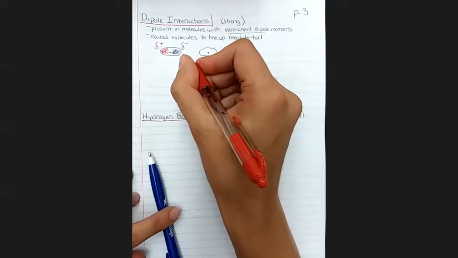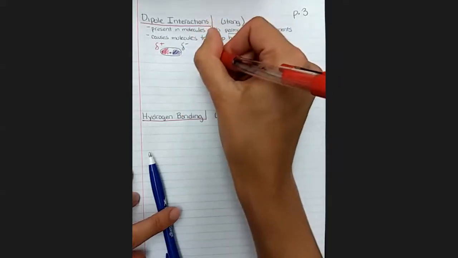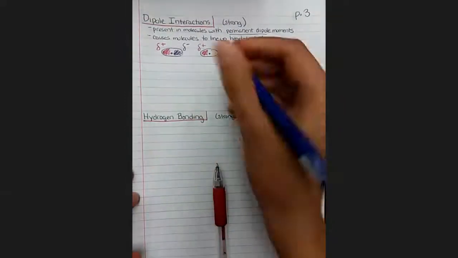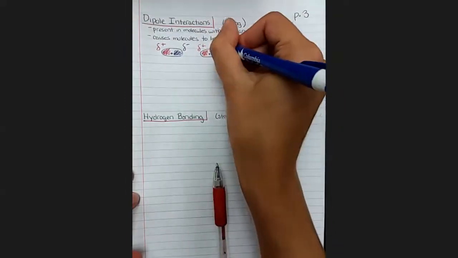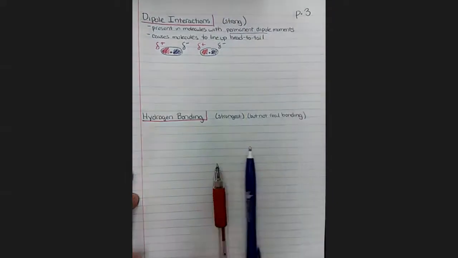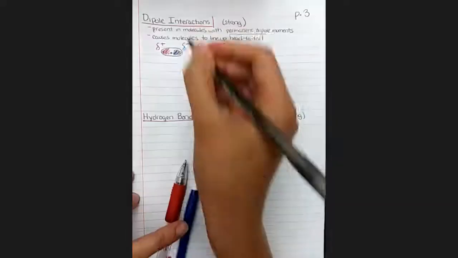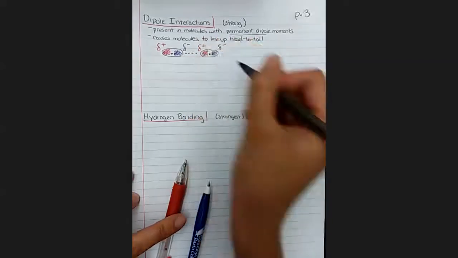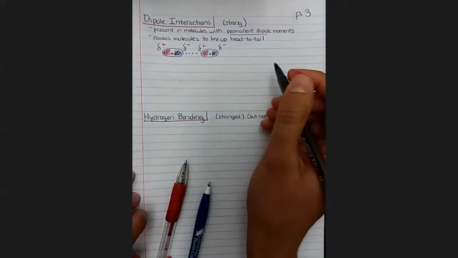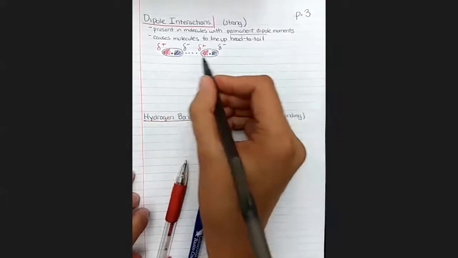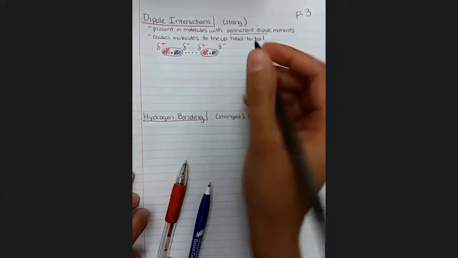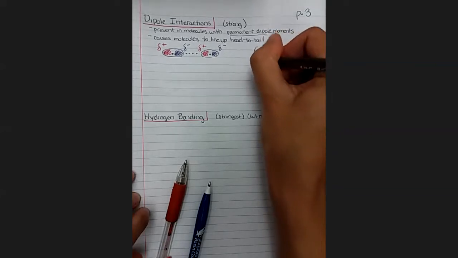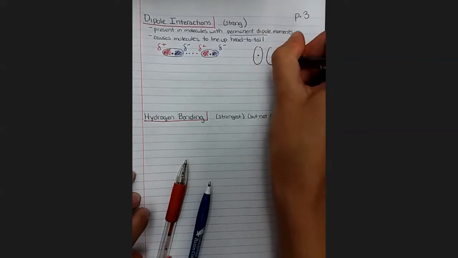So next to the negative side of one molecule is the positive side of another, with its negative side facing away. We can draw the dipole interaction as a dotted line connecting the opposite charges. So they can line up head to tail in this way, or they can interact in more of a side-to-side orientation like this.